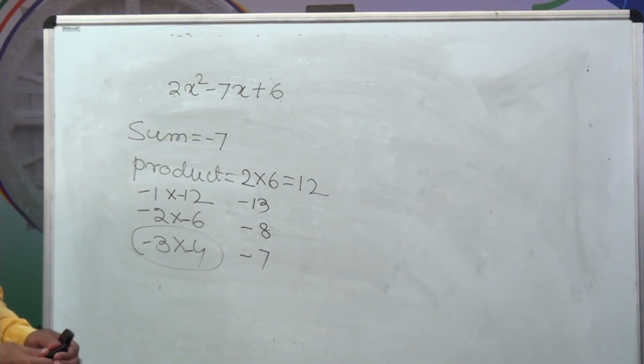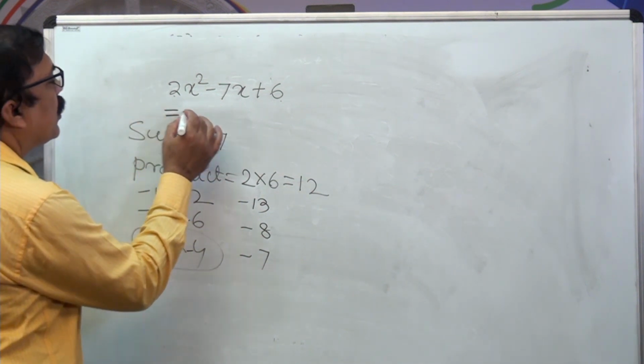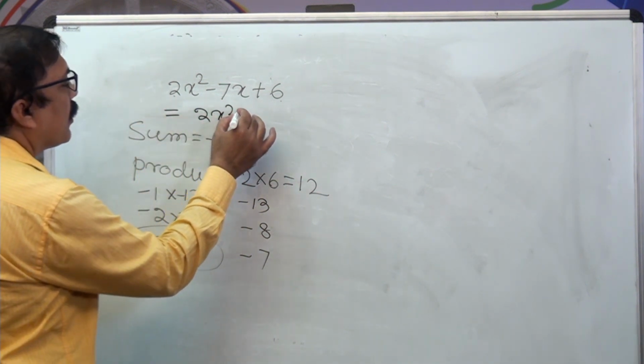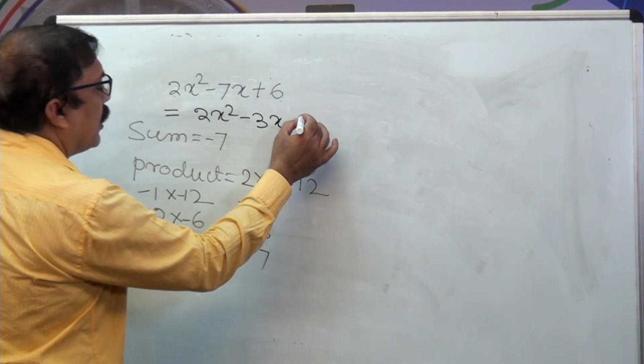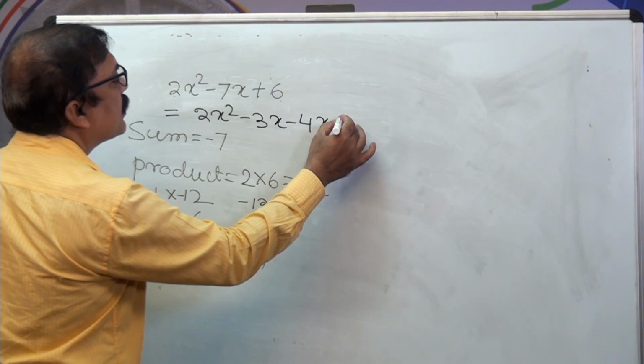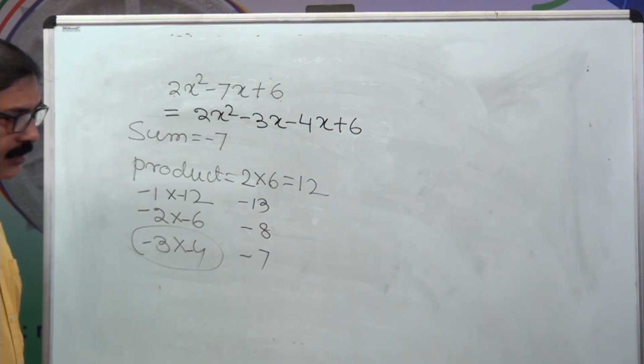We can take minus 3 and minus 4. So we can write 2x square minus 3x minus 4x plus 6.